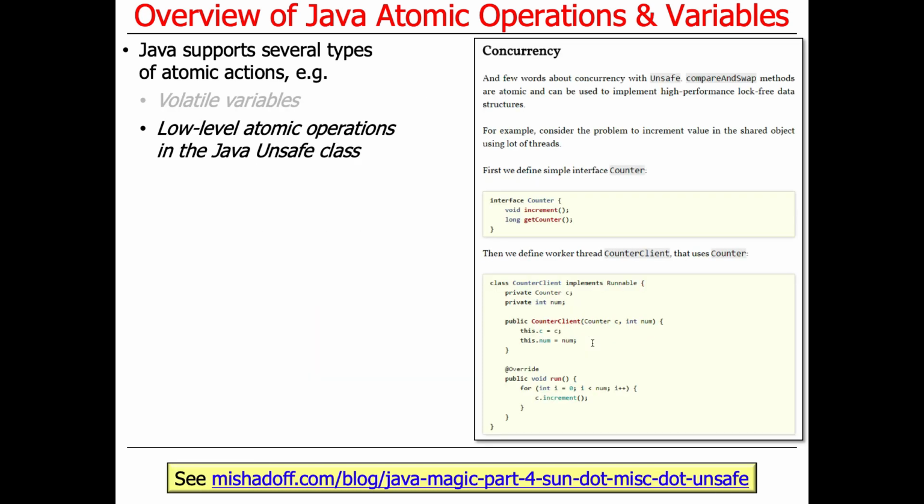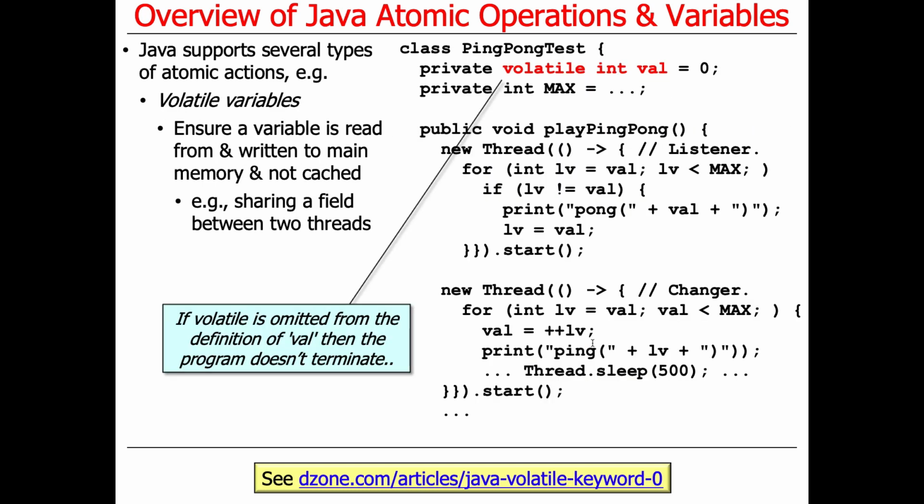But if you put volatile, then what will happen here is this thing will read through the program. You notice that they both have these loops that go from basically 0 to max. They're both doing that. And what we're doing is we're checking to see if this value equals that value.